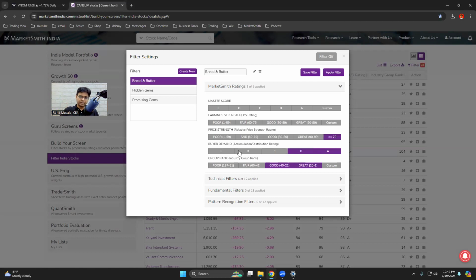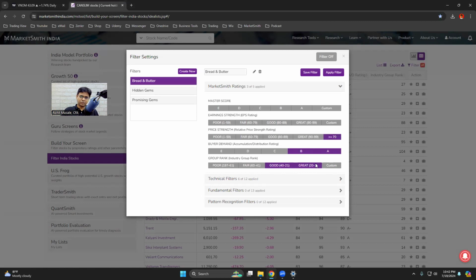Okay. This is buyer demand, this is institutional demand. A and B means the stock has institutional demand. Then this is group rank. Group rank means there are total 197 industry groups. These are like sub sectors. So out of those 197, I am choosing only the top 40 industries.